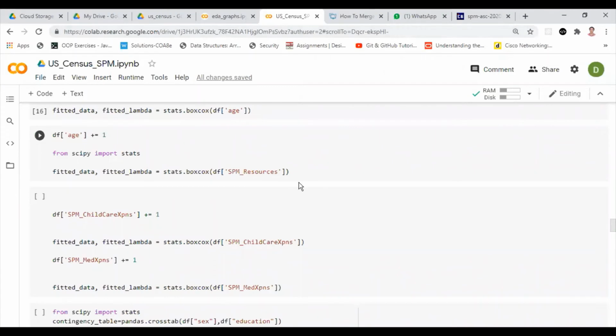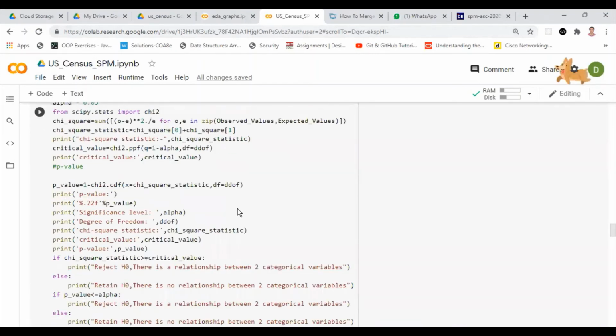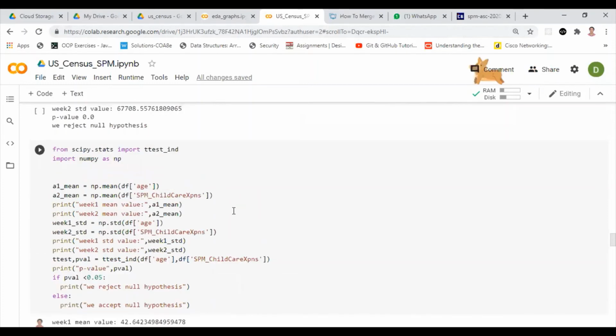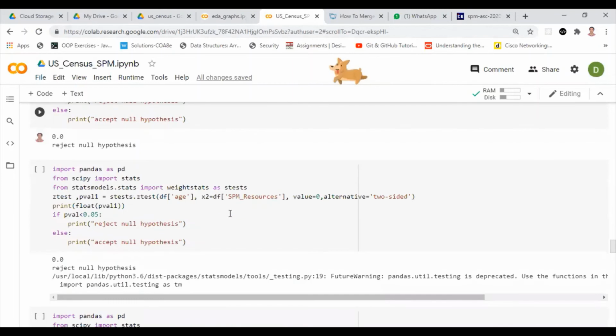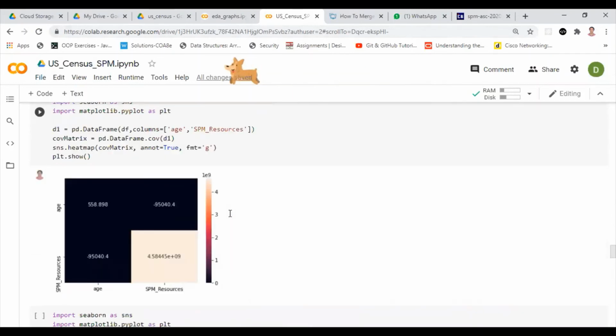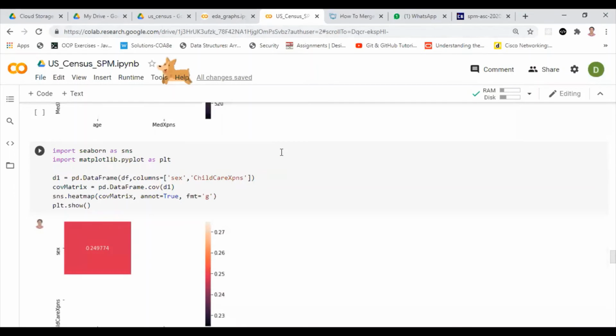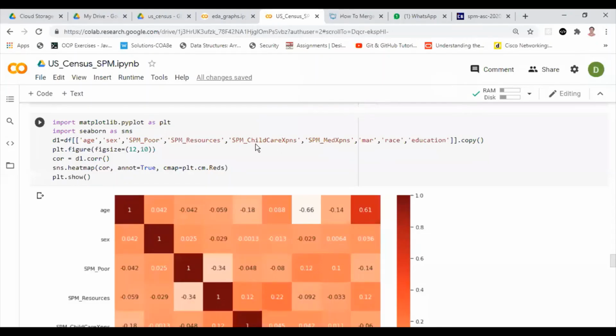On those columns which were not normal, Box-Cox transform was applied to transform them into normal distribution. Here is the Pearson correlation coefficient heat map of the dataset.